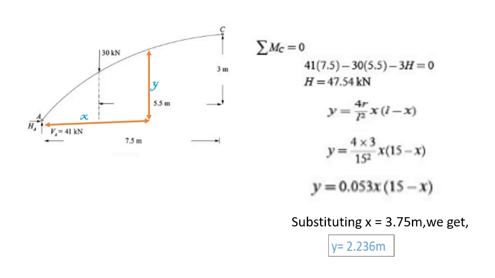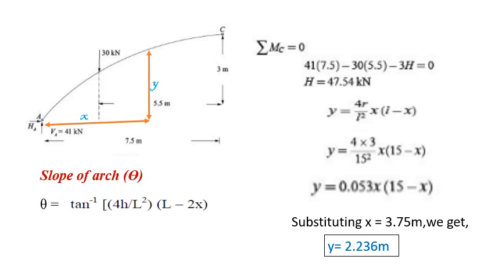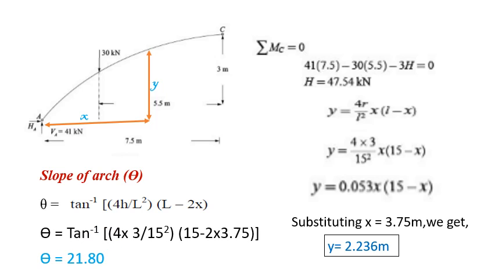Here we get y as 2.236 meter. Okay. So next, by using this equation, theta is equal to tan inverse 4h by L square into L minus 2x. Again, x is equal to 3.75. We get theta as 21.80.